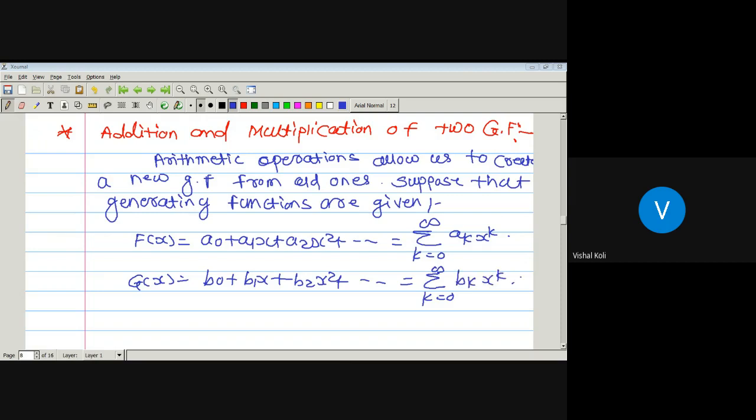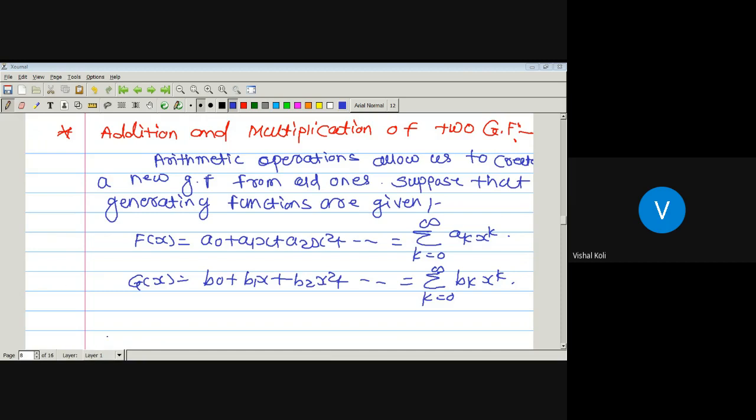So g of x is a generating function having corresponding sequence b naught, b1, b2 and so on, and f of x has sequence a naught, a1, a2 and so on. Both series are running from 0 to infinity. Just there is a change in coefficient.